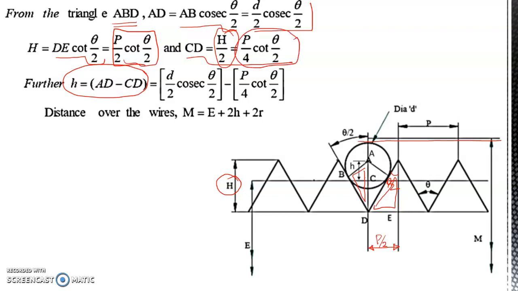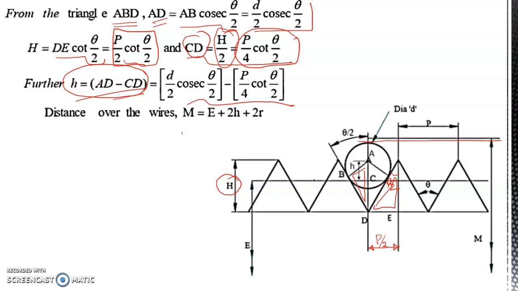Substituting the values of AD and CD in this equation of h, the equation of h will be d by 2 cosec theta by 2 minus p by 4 cot theta by 2.